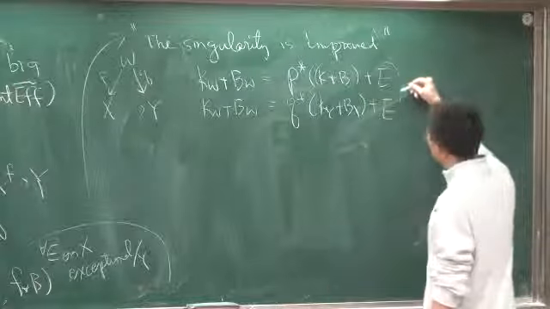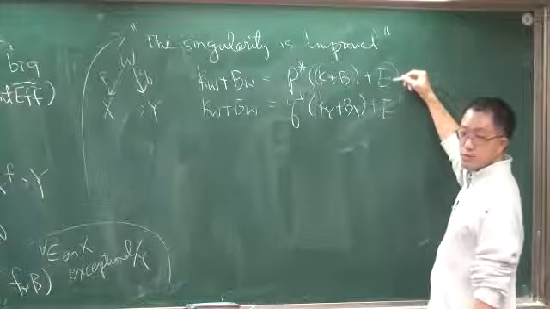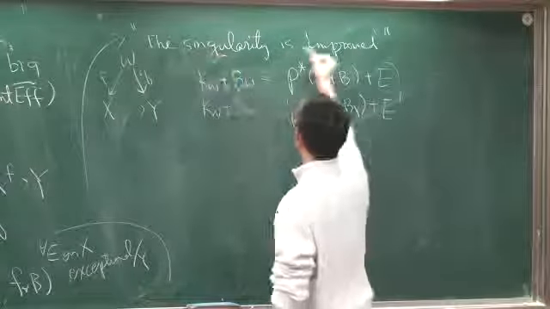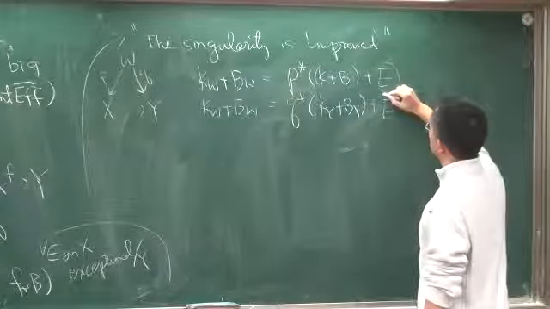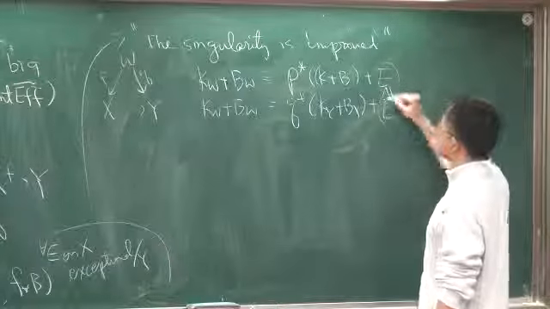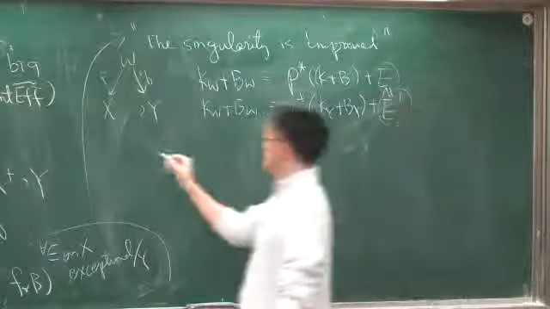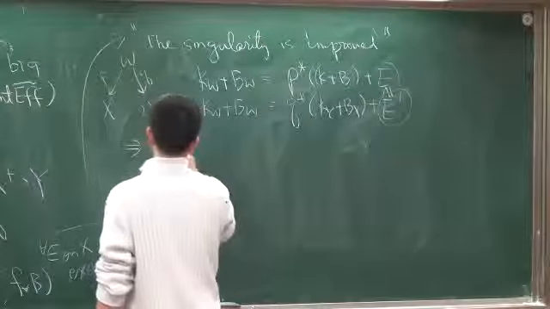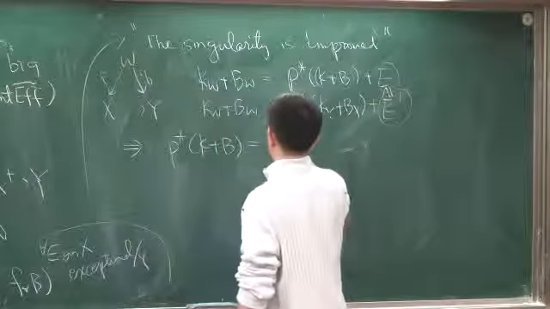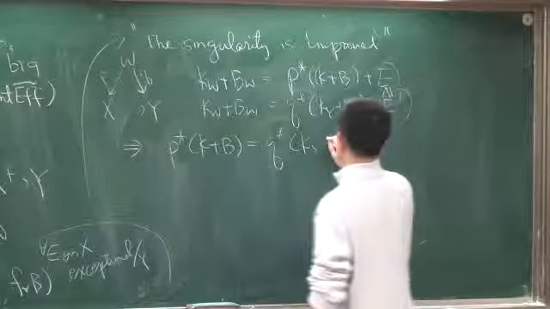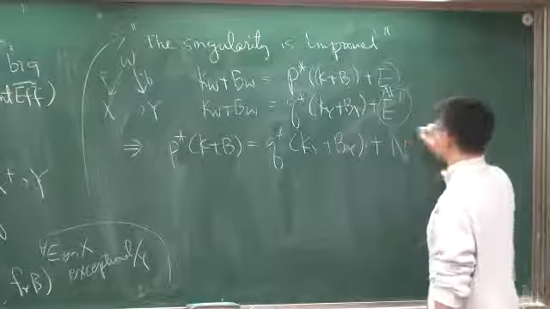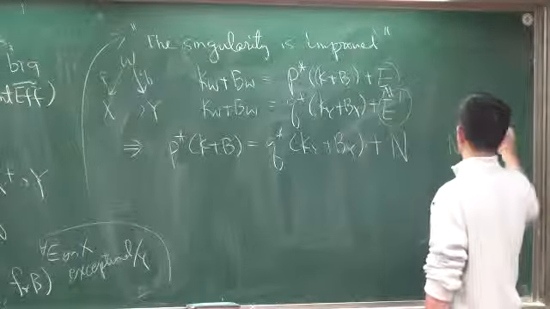So if this is small, then it has a bad singularity. If it's big, it has a good singularity. So as I said, the singularity is improved, which means this is bigger. So in other words, p^*(K + B) = q^*(K_Y + B_Y) + N, where N is, in this case, effective.